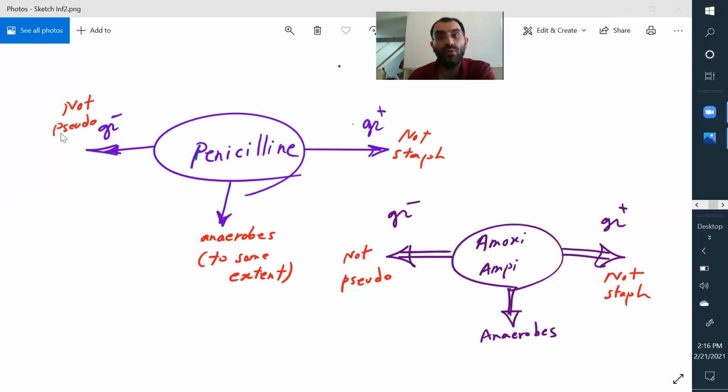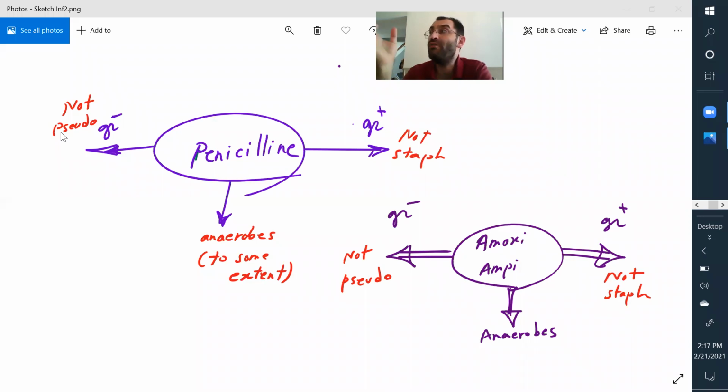So from now on, whatever antibiotic I have in front of my eyes, I will think: is it a gram-positive killer, a gram-negative killer, an anaerobe killer? That's the approach for every single antibiotic or antibiotic family that we study.